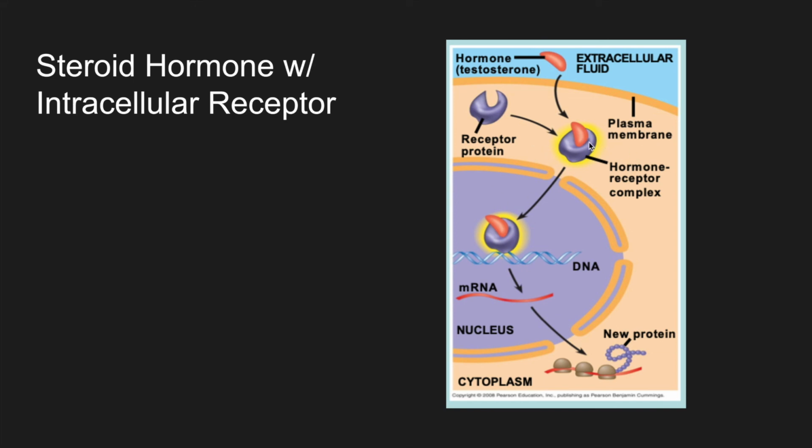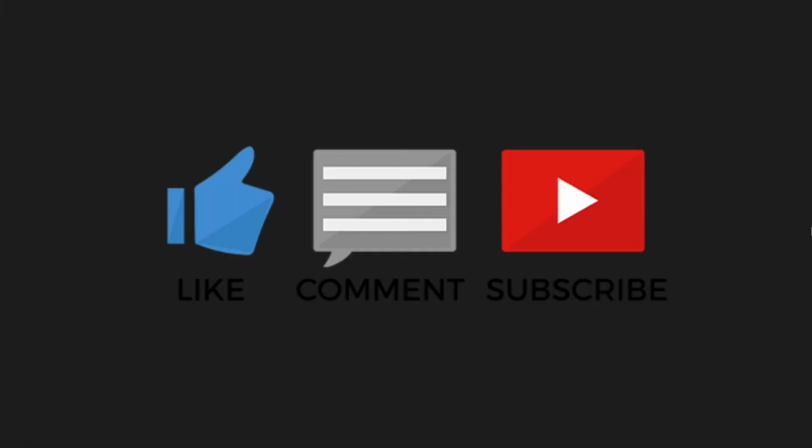So it'll enter the nucleus through the nuclear pores and bind to DNA to start the production of mRNA and overall protein synthesis. So a new protein is going to be formed. And depending on whatever hormone you have enter the cell and bind to the receptor, you're going to get a different type of protein. That concludes our review on cell signaling systems and receptor ligand systems.